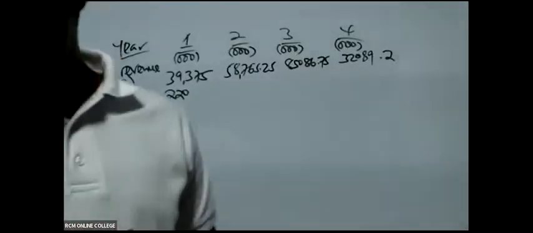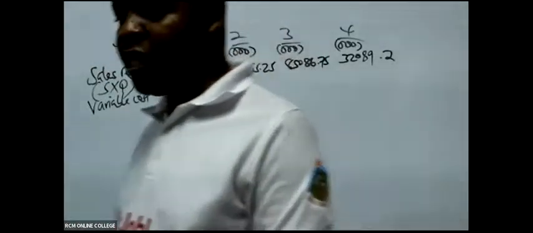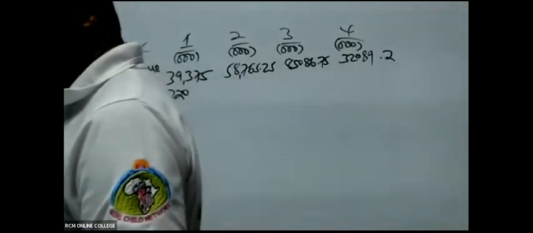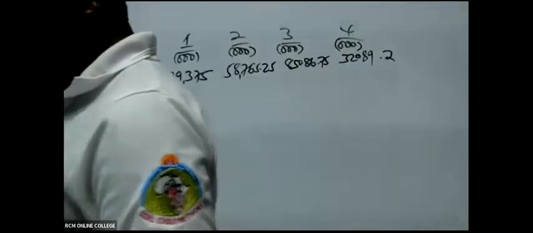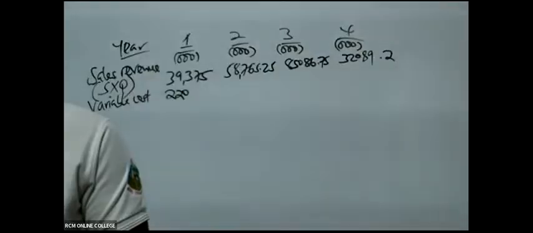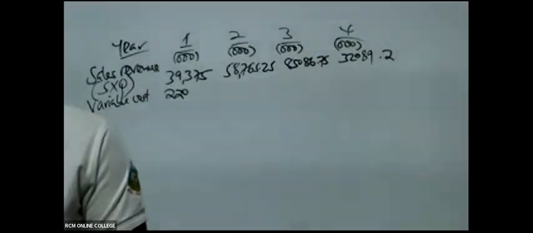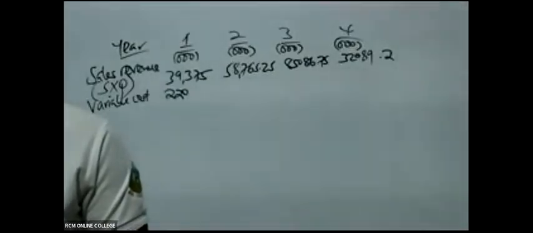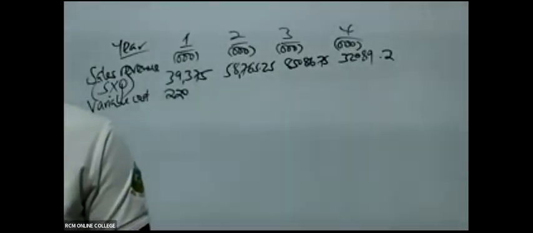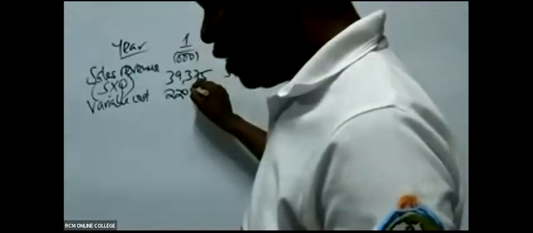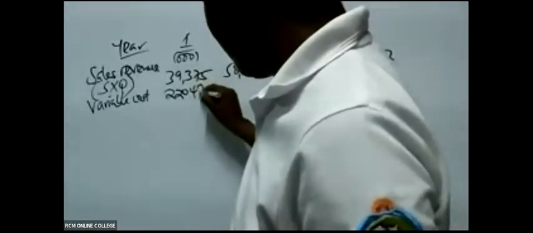Even if you round off, I can see it will not come to 220.47. Let me see. 73.49 multiplied by 300. So guys are getting 220.47, like that.